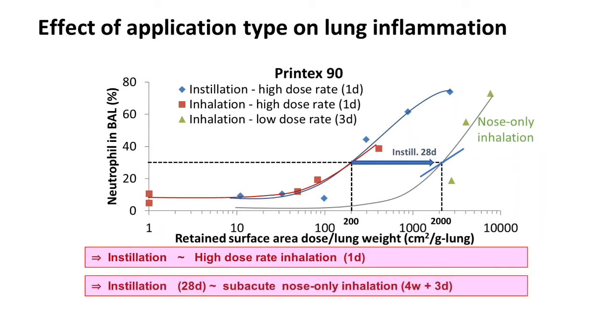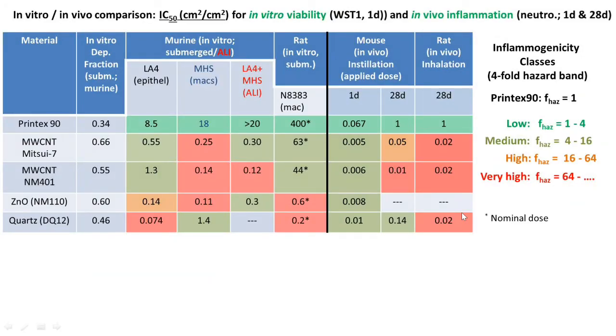And instillation can predict the subacute nose-only inhalation if you wait 28 days. And then if you do in vitro studies, you will find, and I'll show you that soon, that you need even higher doses, about 10-fold higher than for the nose-only inhalation. And that is now my last slide here.